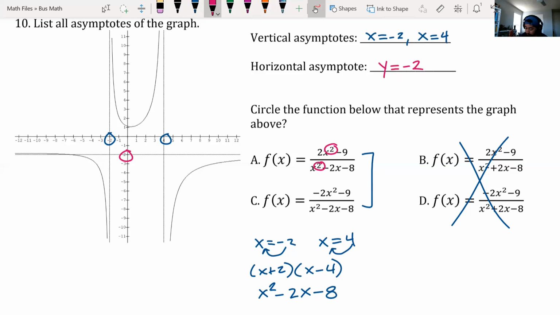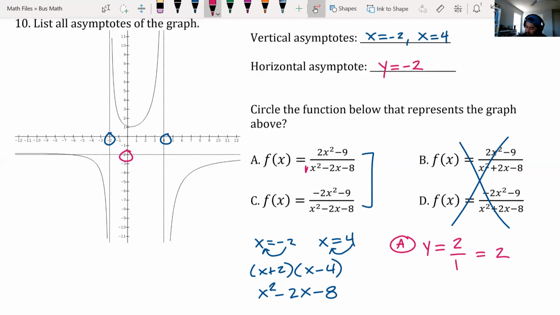By rule number 2, we would get y equals the leading coefficients over one another. The leading coefficient of the numerator is 2, and the leading coefficient of the denominator is 1. So I'd get a horizontal asymptote at y equals +2, which means that A is out because we're looking for a horizontal asymptote of -2.